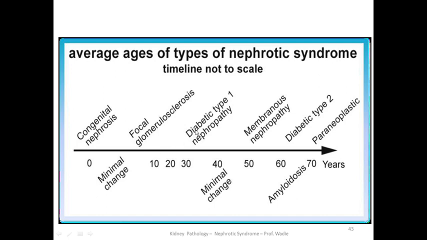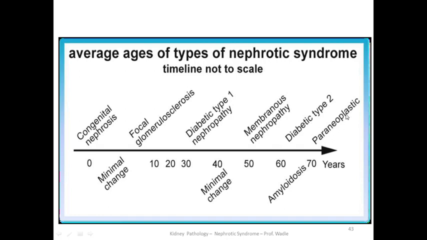And then comes the diabetes type 1 nephropathy around the age of 30 years as a complication of diabetes type 1. And once again you find the minimal change disease around the age of 40 years, and then the membranous nephropathy comes in the 50s or so, and then comes the diabetes type 2 nephropathy, or complication of diabetes mellitus.